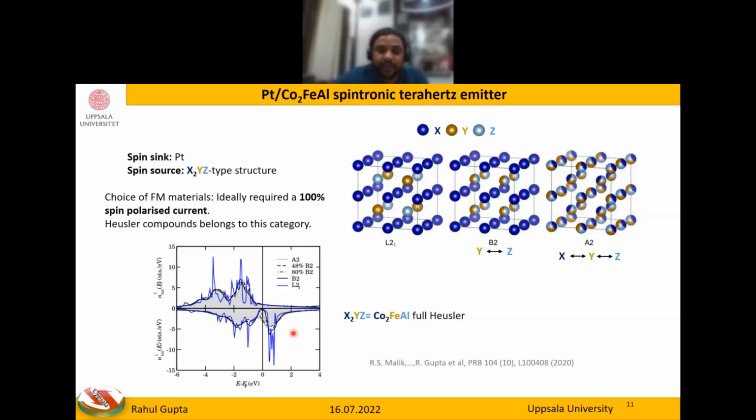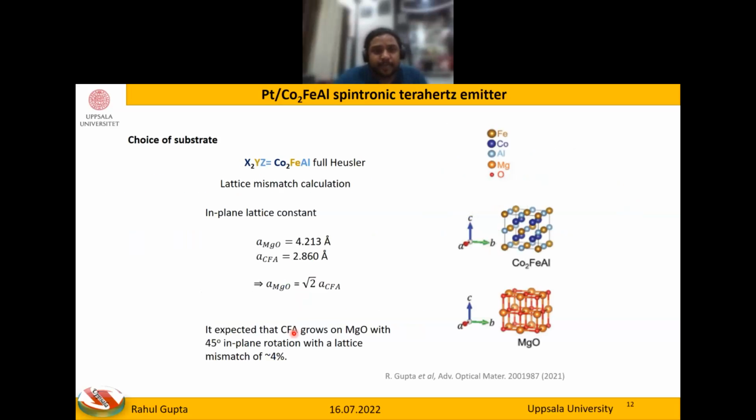So according to theory, we have to achieve at least L2_1 order in order to get the maximum spin polarization. So we have fabricated this sample on different substrates. The substrates we chose were silicon, MgO, and different substrates that are transparent to the terahertz emission. But the best epitaxial quality was found when CFA grows on MgO because of the lattice mismatch of around 4%.